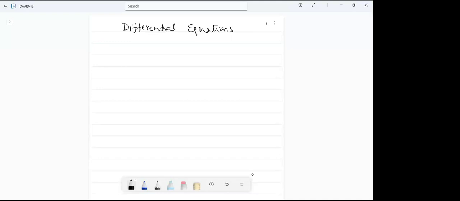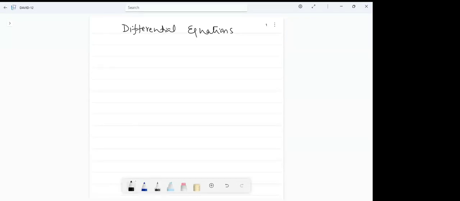A differential equation is a kind of equation where you have a differential coefficient, an independent variable, and a dependent variable. No need to write the definition.